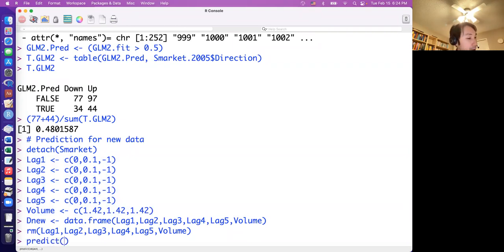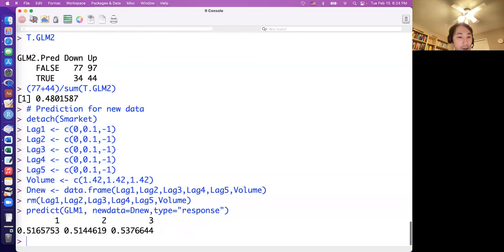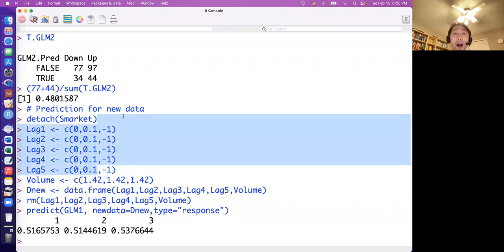Then predict with GLM1 and the new data, dnew, and type response. Then we get this. So 51%, 51.5%, 53.7%. So if the stock market is down for 5 days by 1% each, really all investors become very pessimistic.